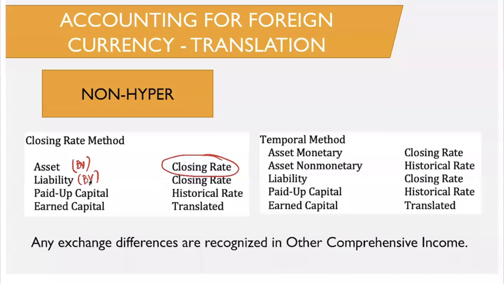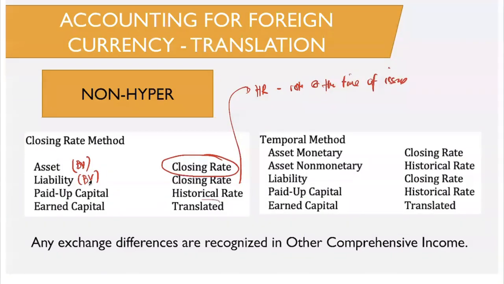Paid-up capital uses the historical rate. Sir, what is the historical rate? The historical rate is the rate at the time of issue. So whatever the rate at the time of issue of that particular paid-up capital, our shareholders' equity, that is our historical rate.